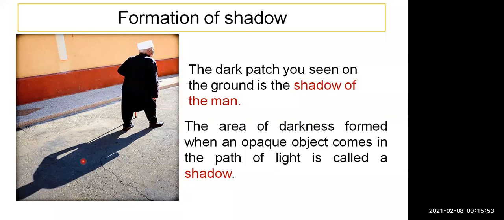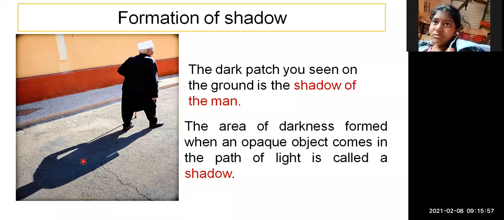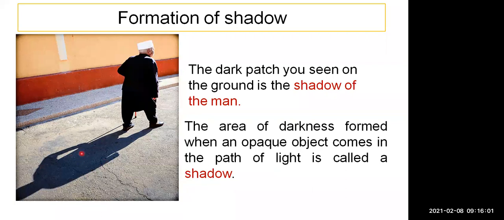Is it an opaque object or a translucent object? Opaque object. Now, students, shadows can be formed with a translucent object also, but that shadow will not be clear. It won't be so dark. So for a dark shadow to be formed, we require an opaque object to be placed in between.